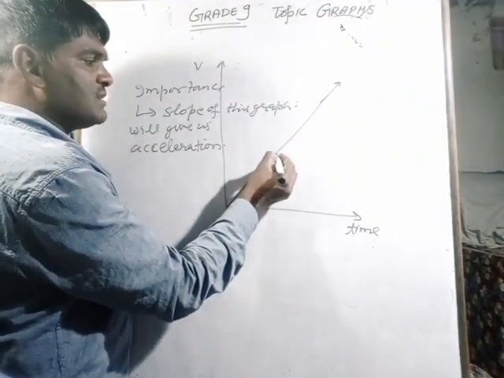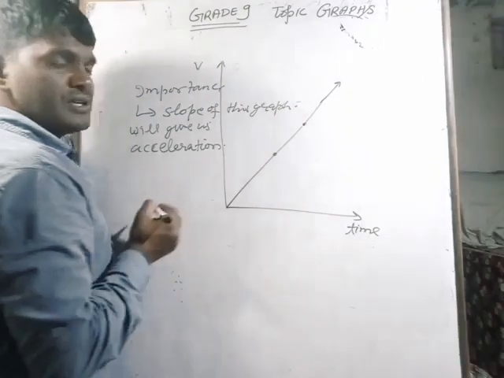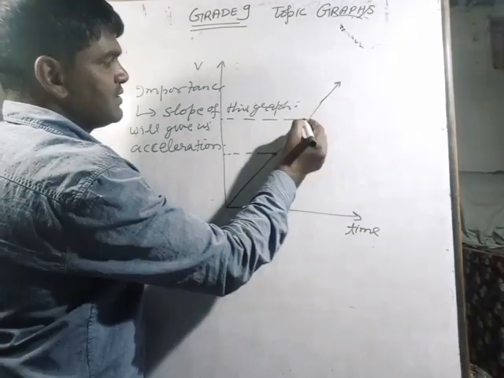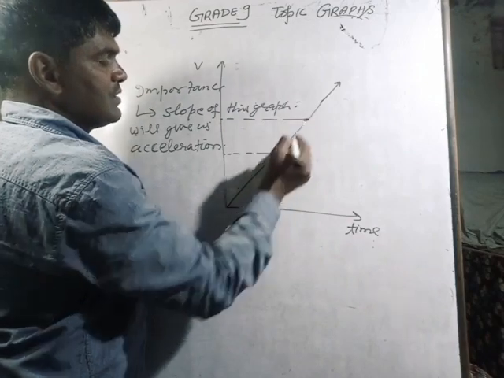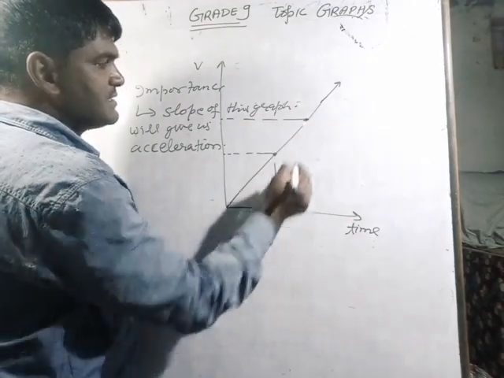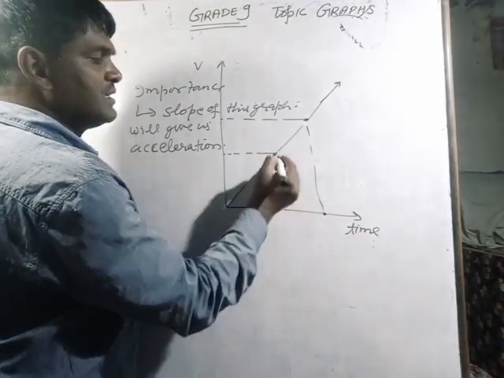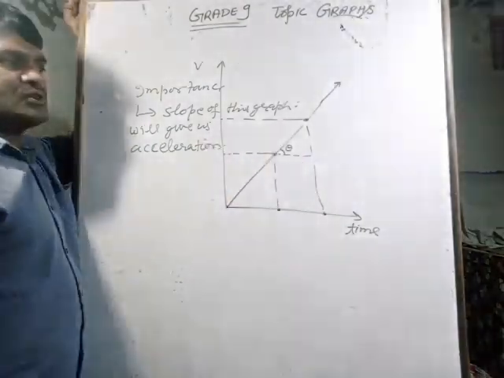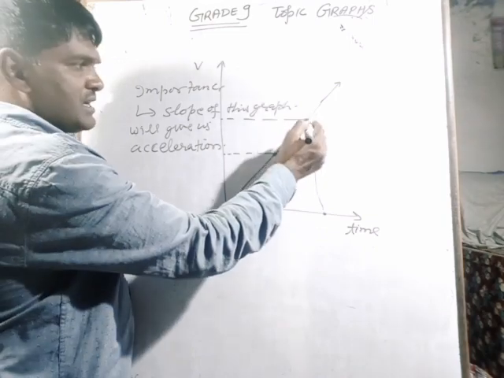For any 2 points, to calculate the acceleration, we need to draw perpendiculars on the y-axis and on the x-axis from these 2 points, then produce this line, and this theta we need to calculate. A right angle triangle ABC will be formed.